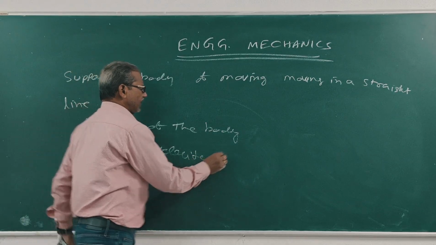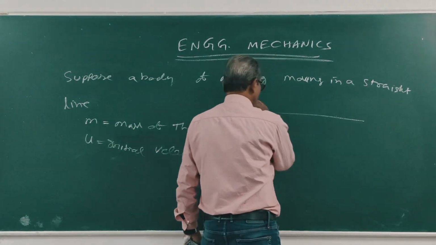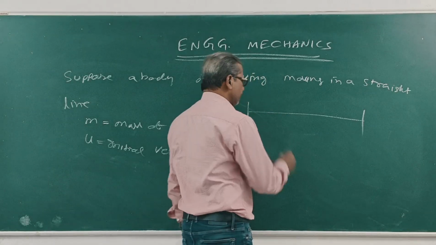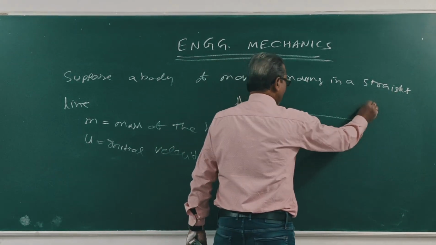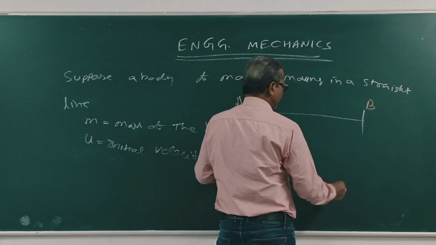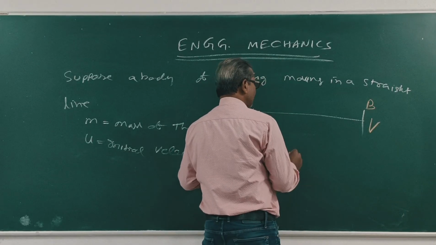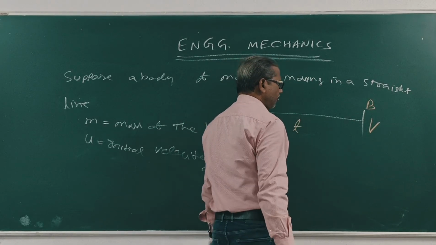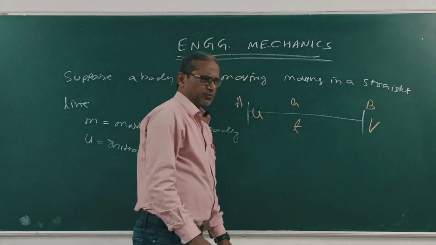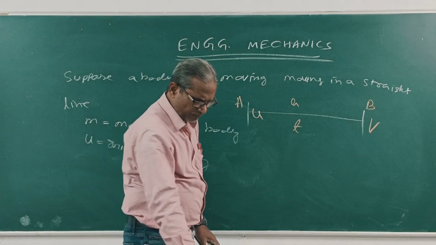The body moves from A to B: at A velocity u, at B velocity v, time taken from A to B is t seconds, and a is the uniform acceleration of the body. Clear?